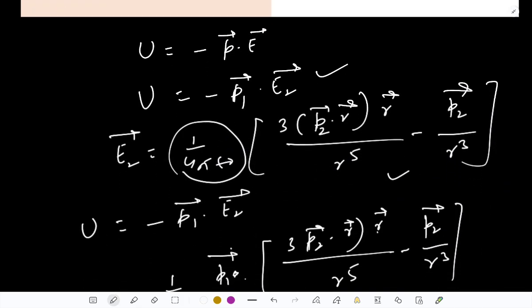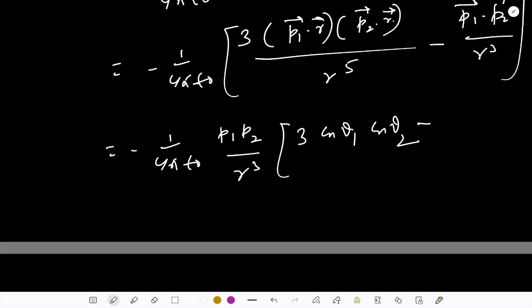The angle between P1 and P2 gives cos of theta 1 minus theta 2, so I can write here simply P1 P2 has been taken out, and this becomes cos (theta 1 minus theta 2), and this is all over R cube.